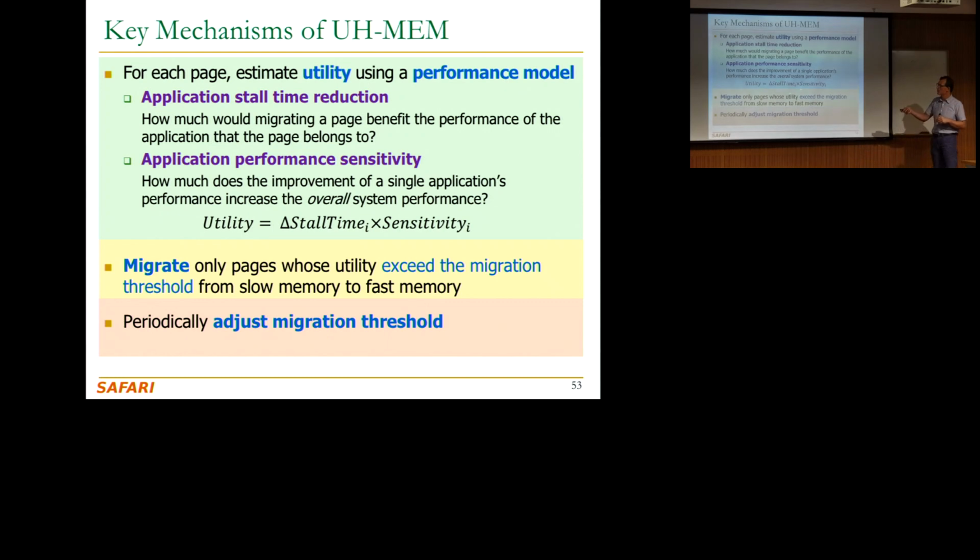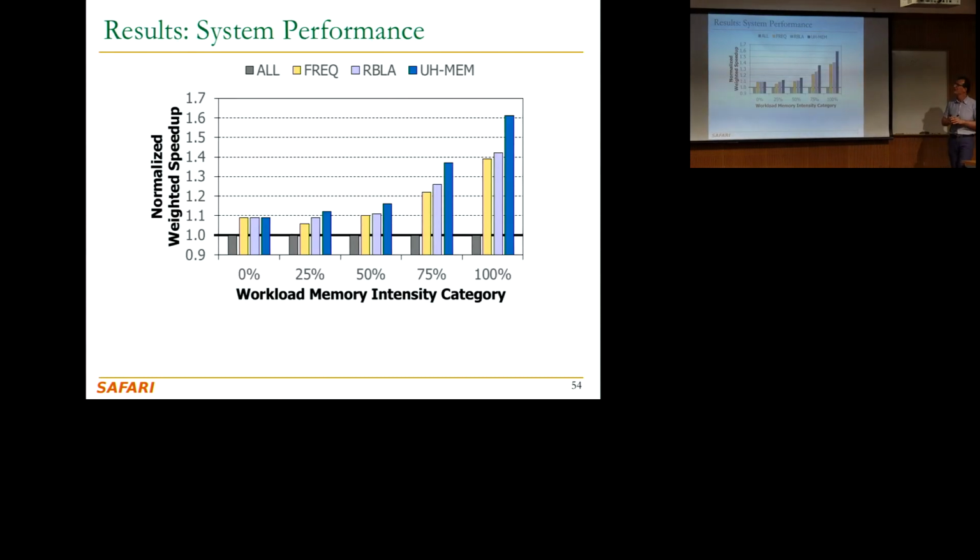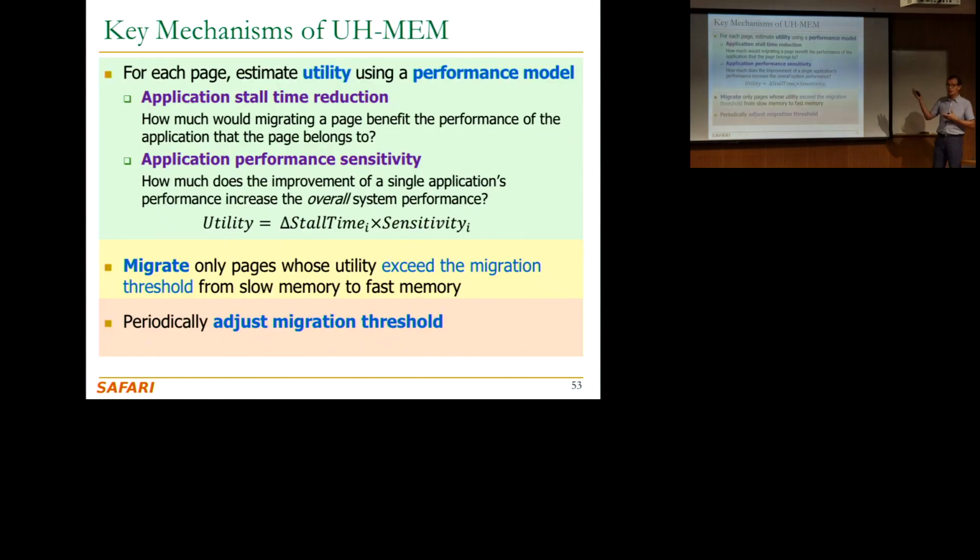And the paper goes into more detail as to how you would estimate each of these, but we don't have time to do that really. If you're interested, you can. But the key idea is basically to consider the utility of a migration decision somehow in a comprehensive manner. I'm not claiming that this is the most comprehensive thing, but this is the most comprehensive thing that I've seen so far. But I'm sure there are other things that can be taken into account.